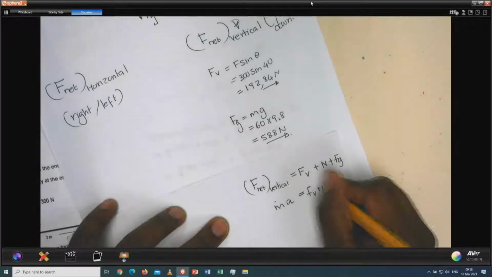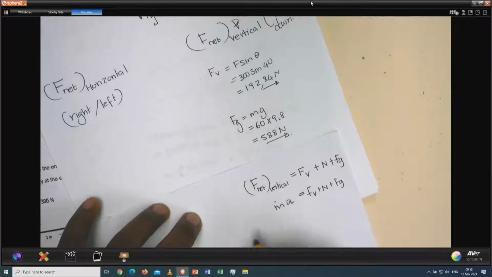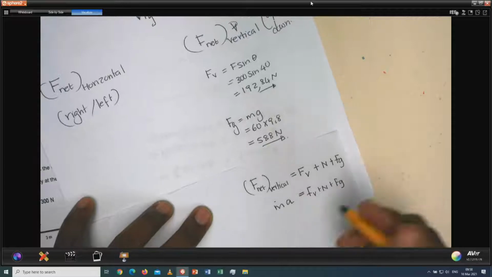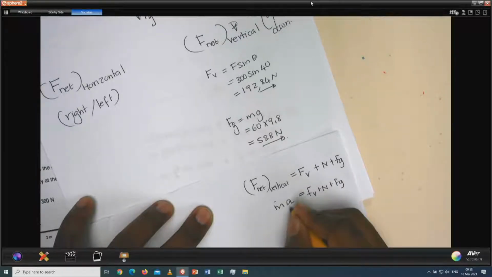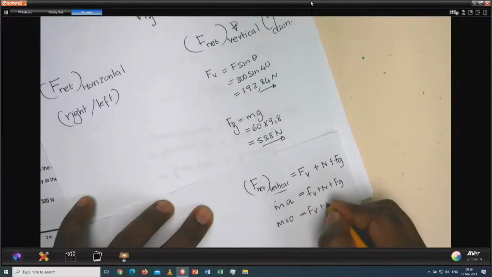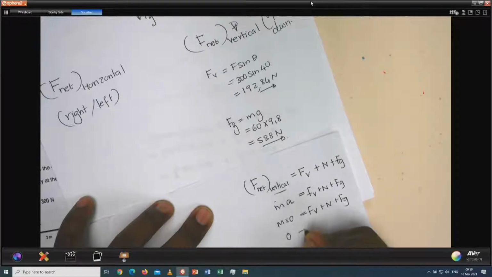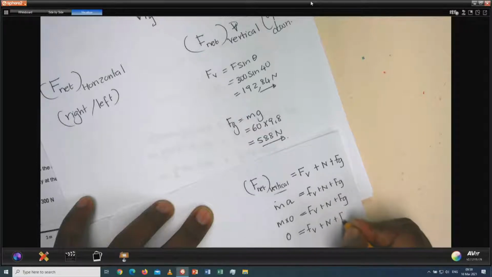Now, note here, there is no vertical movement, which makes the acceleration 0. So m times 0, acceleration vertical is equal to 0. So 0 equals Fv plus n plus Fg.